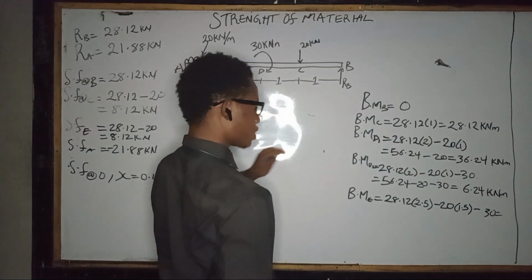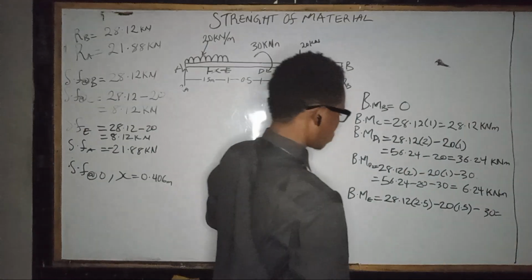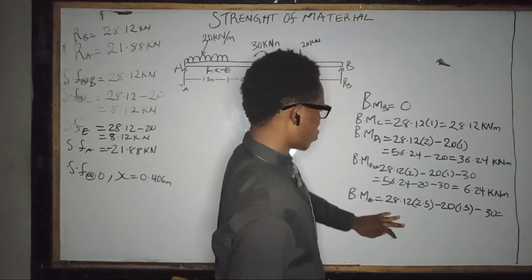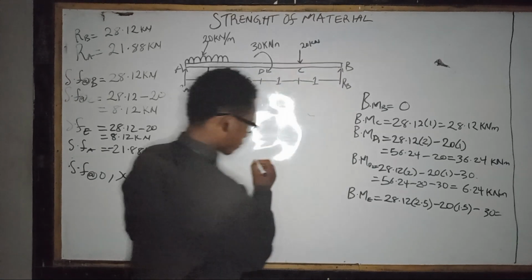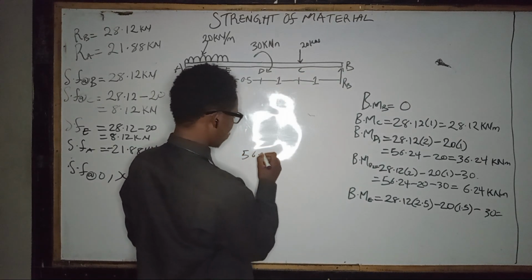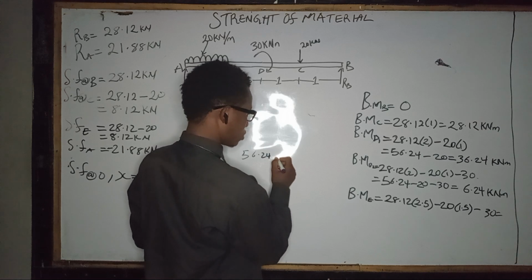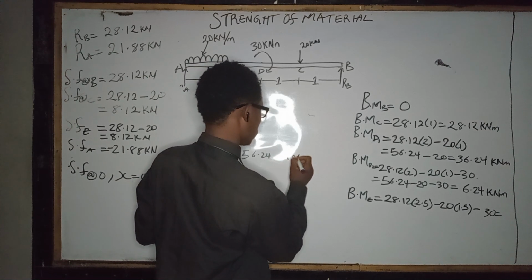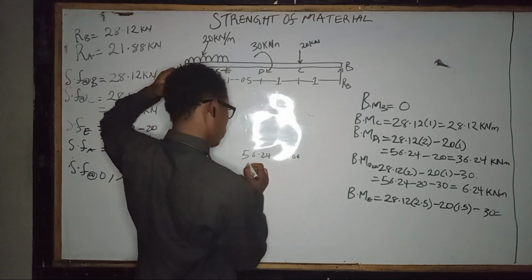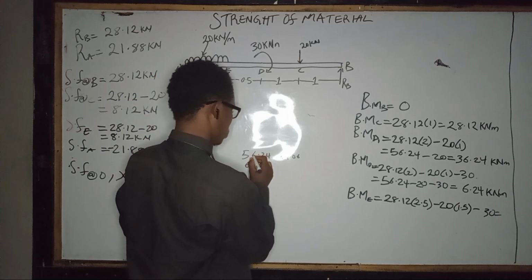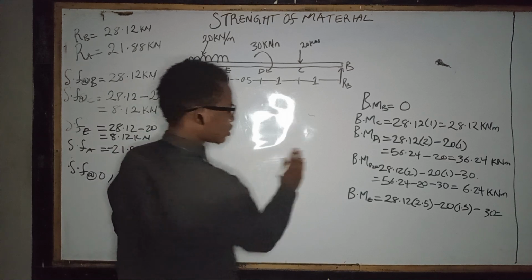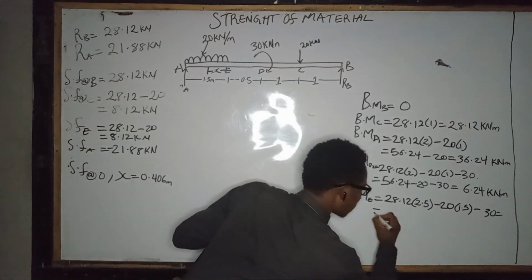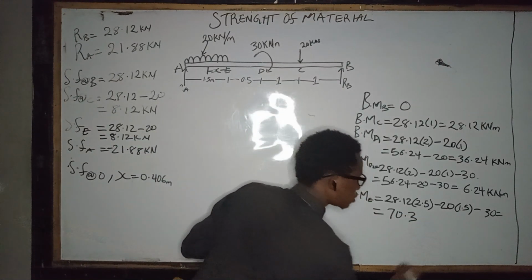So if we do this together, we have 28.12 times 2.5. 56.24 divided by half gives 14.06, so if we multiply it out we have 70.3.